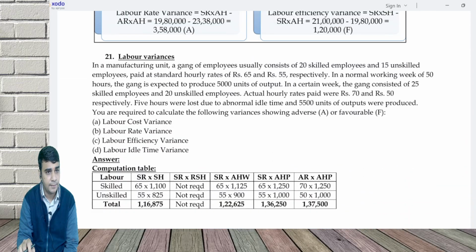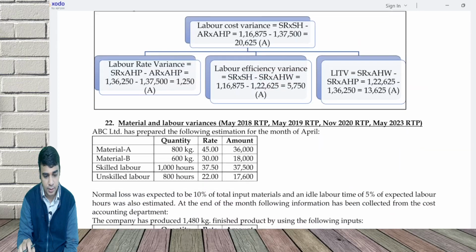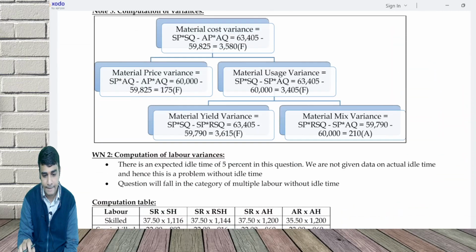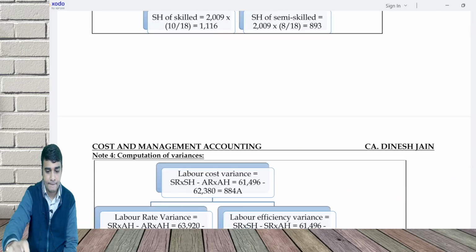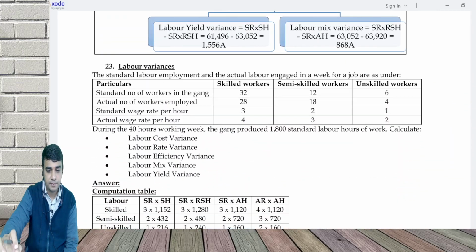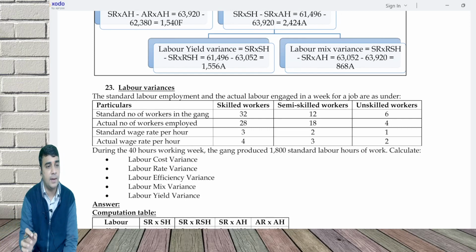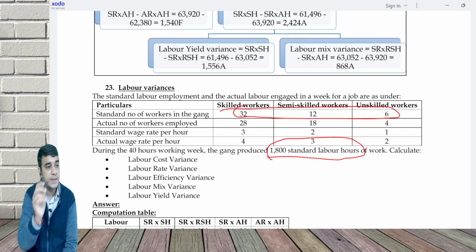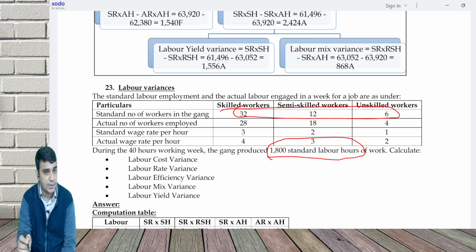Did we do 21? Okay. 22 done. 23 is homework, but here the standard time is 1800 hours, which is directly given. Split that in the ratio of 32 is to 12 is to 6.